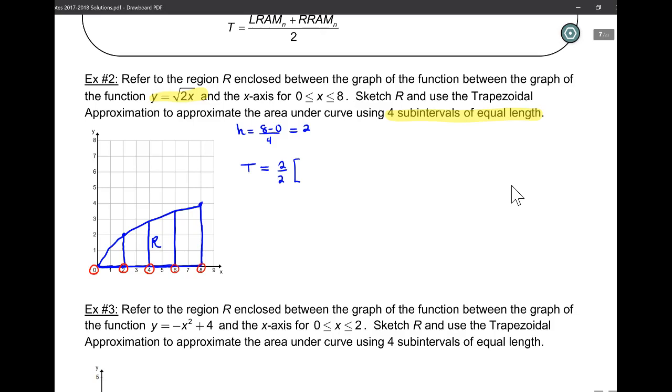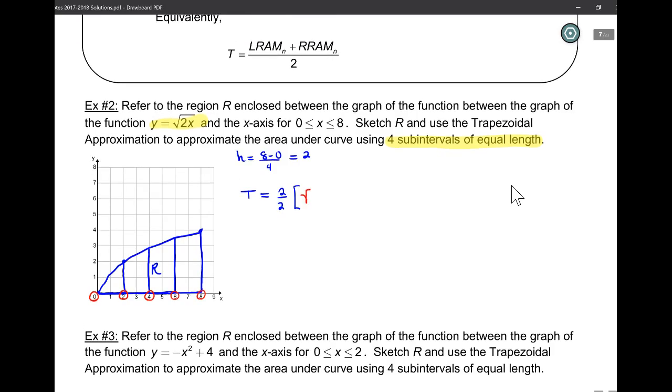So when I plug in 0, I'm only going to use that one time because that was an endpoint. This one, I'm going to plug in twice. So I have 2 times the square root of 2 times 2. 4 is also used twice, so 2 times the square root of 2 times 4. 6 is also used twice, so 2 times the square root of 2 times 6.